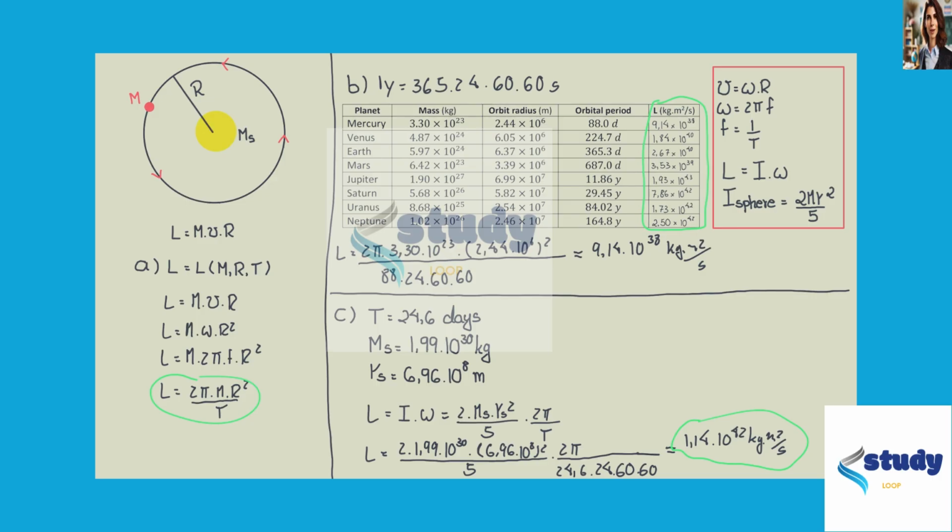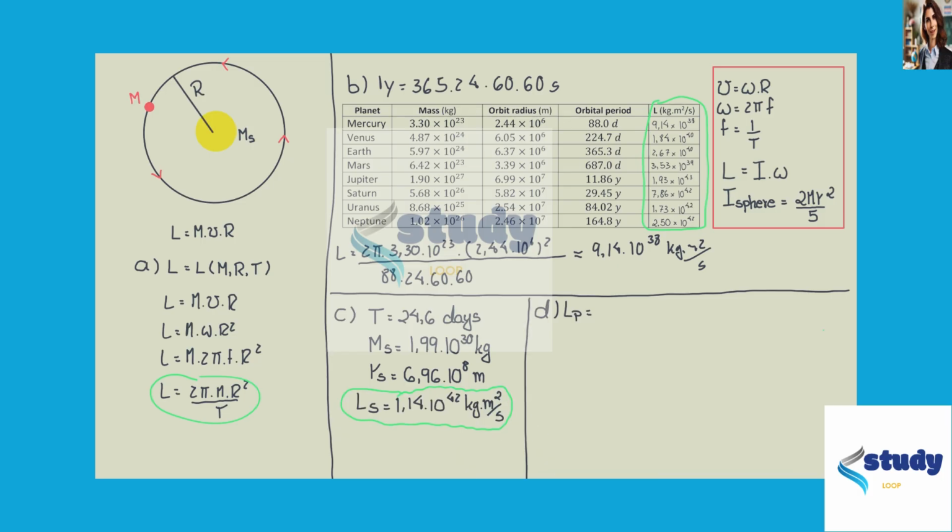And this is the answer to the third item of this question. Before proceeding to the next item, I have to organize my board a little bit. In the next item of this question, we have to compare the total angular momentum of all planets together with the angular momentum of the Sun. We begin by calculating the total angular momentum of all planets together. For that, all we have to do is add all these values.